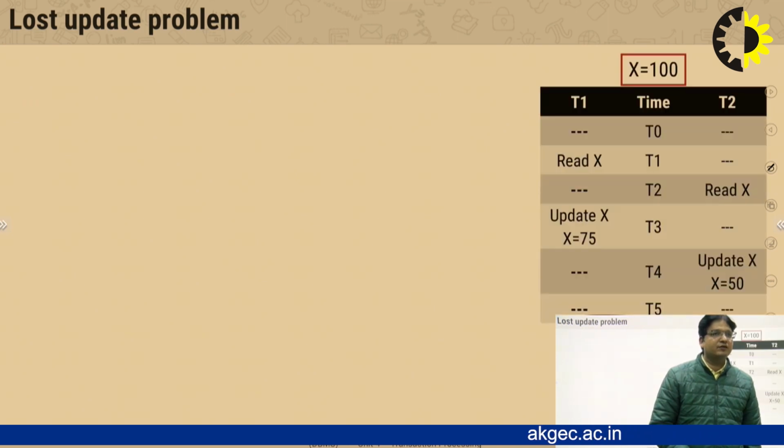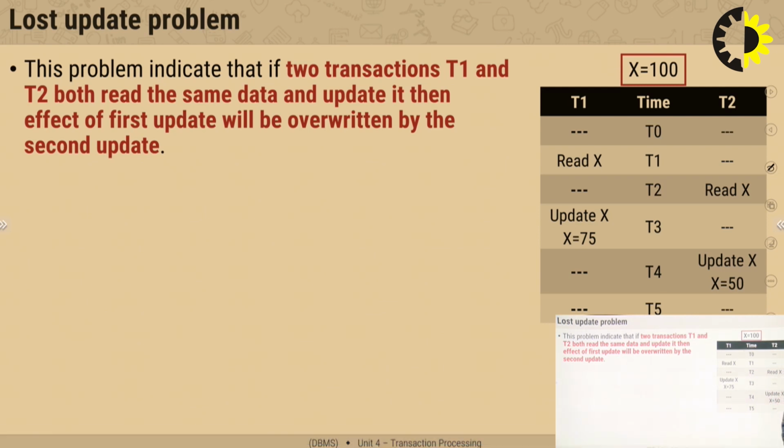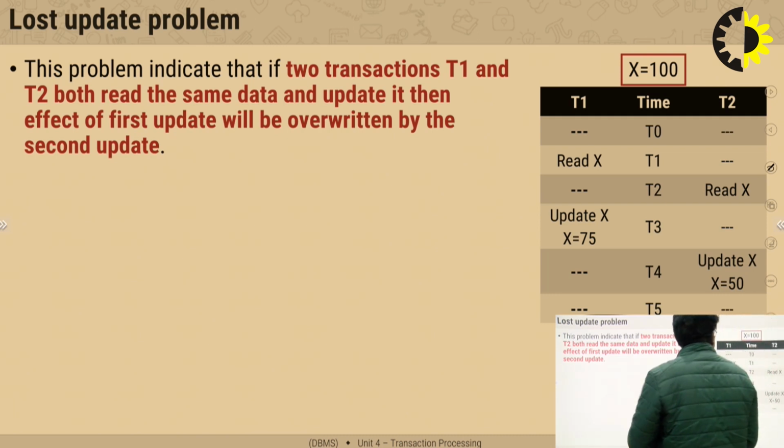First is the lost update problem. Now, lost update problem indicates that if two transactions T1 and T2 both read the same data item and update it, then the effect of the first update will be overwritten by the second update. In this particular example, as we are going to see, there are two updates.